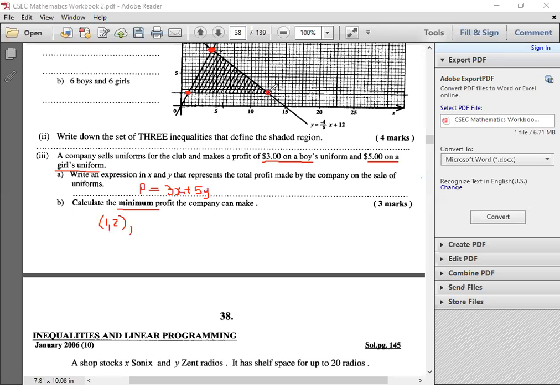And this one will be what? Okay. Yeah, all right. Sir, 12.5? Twelve point five, 2.